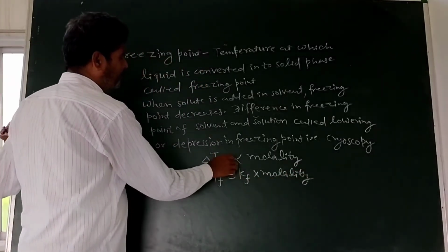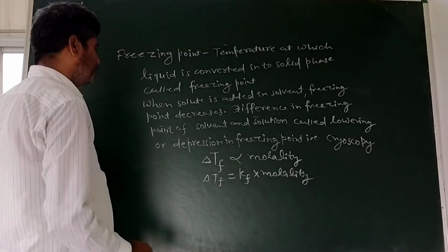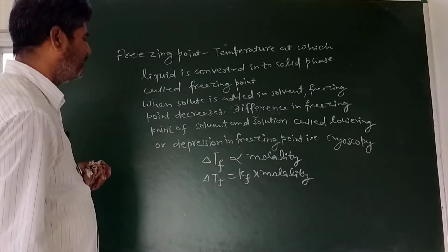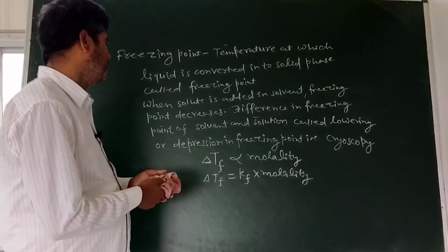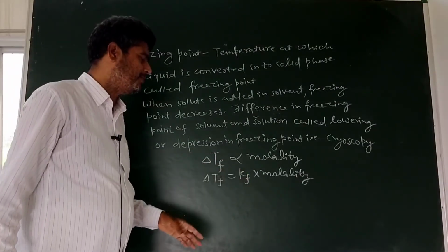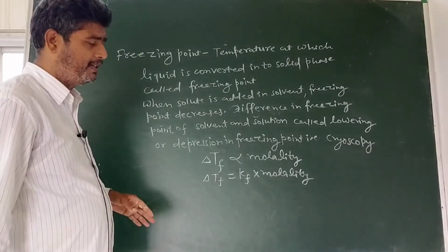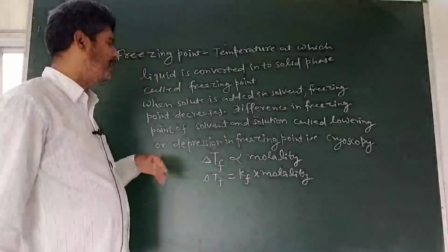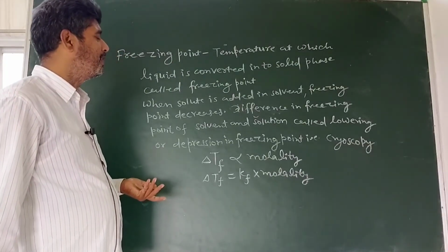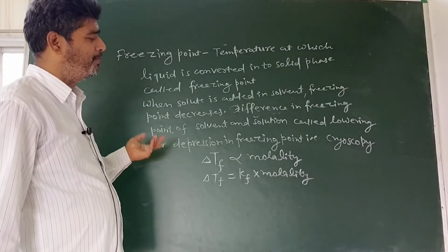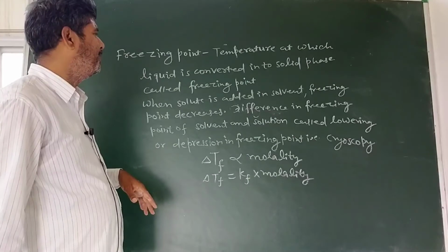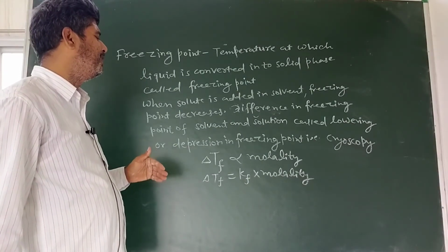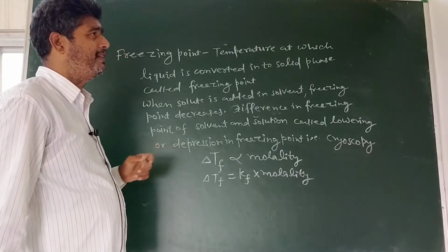Here Kf is the proportionality constant known as the freezing point depression constant. Its value is different in both cases. We may dissolve our solute either in 100 gram solvent or in 1000 gram solvent. In the case of 1000 gram solvent, it will be specially referred to as molarity.